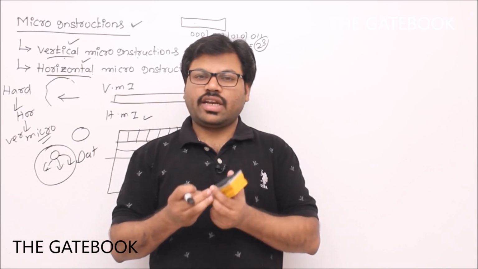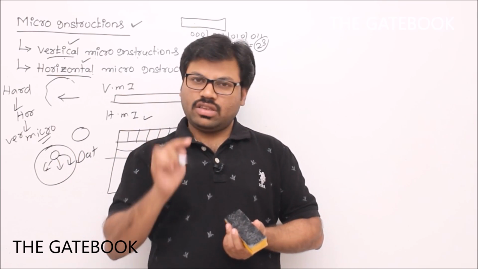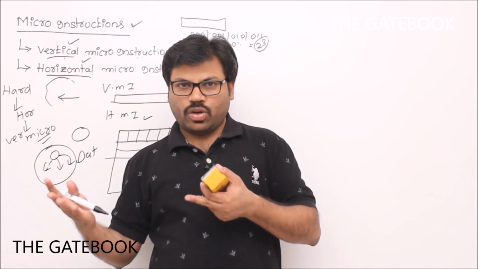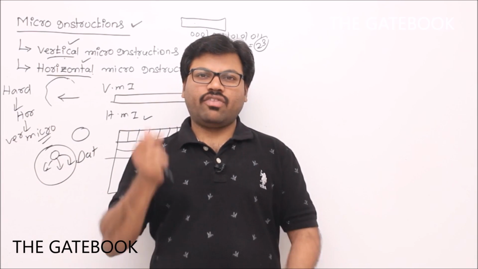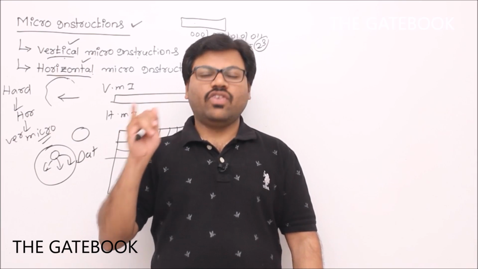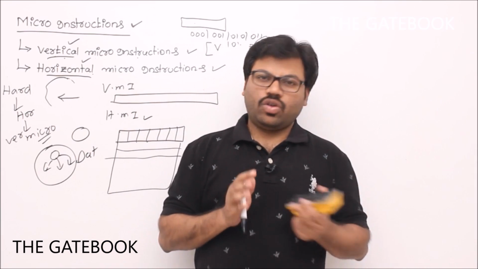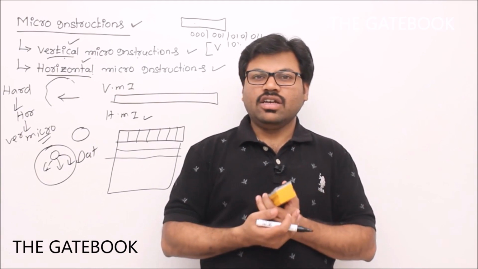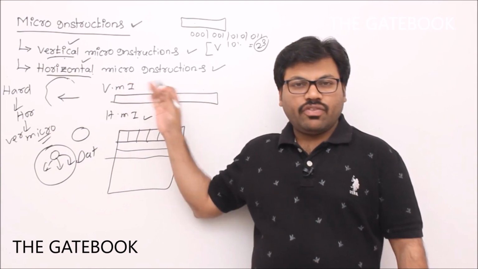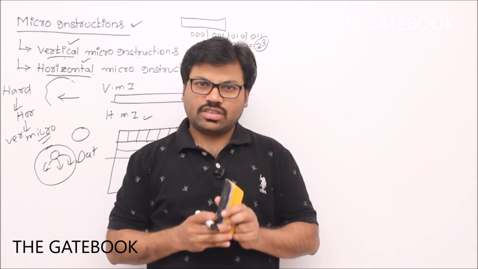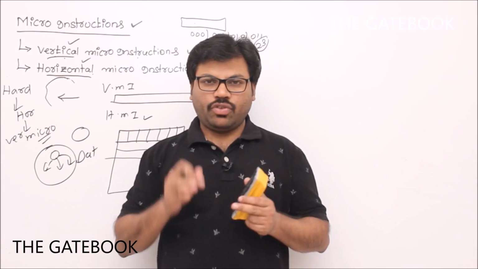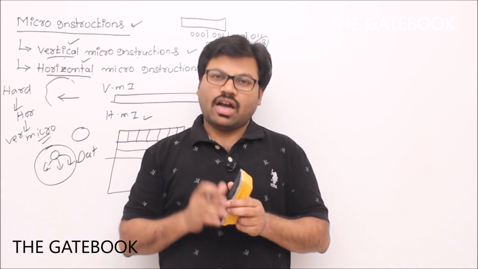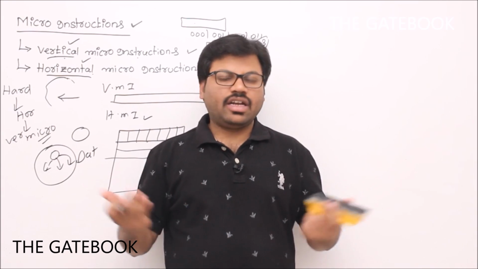The control unit is going to generate control signals. We can do it with three techniques. One is hardwired, second is microprogramming. In microprogramming we have horizontal and vertical. This is all about control unit and instructions design, right? Now we will solve a lot of GATE questions. I hope that if you attended these lectures up to this point, you will be able to answer every GATE question on hardwired or any control unit, okay?